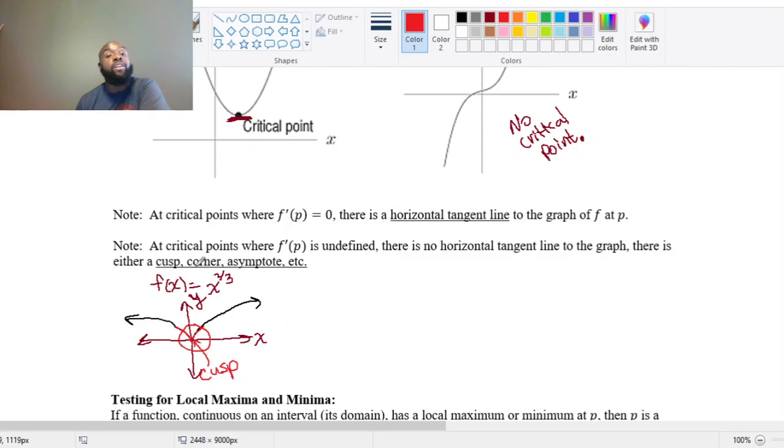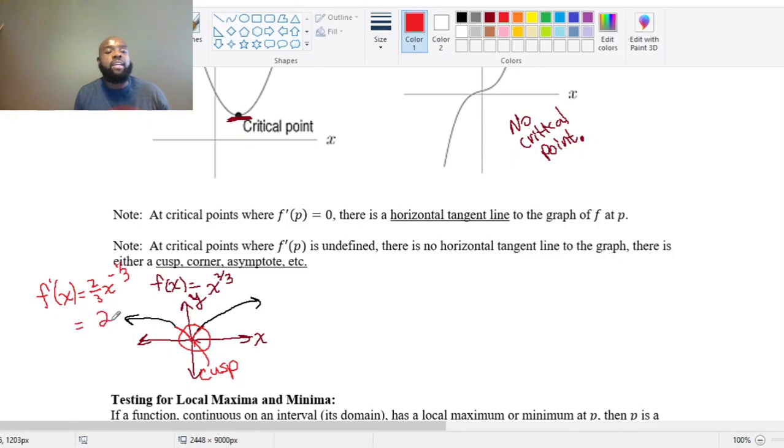I could do the derivative of this function here. And if we try to plug in 0, we're going to see that we get something undefined. For instance, since we know how to do the derivative, I'll go ahead and do that. F prime of x is going to equal 2/3 x to the negative 1/3, right?